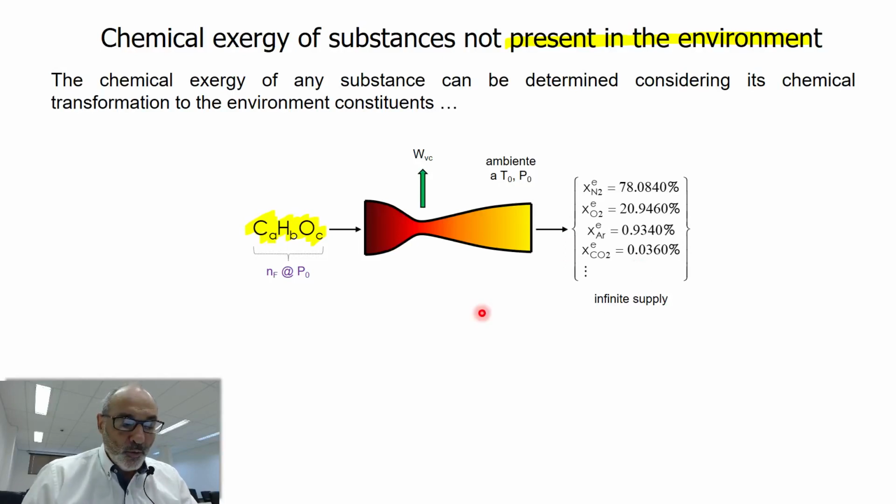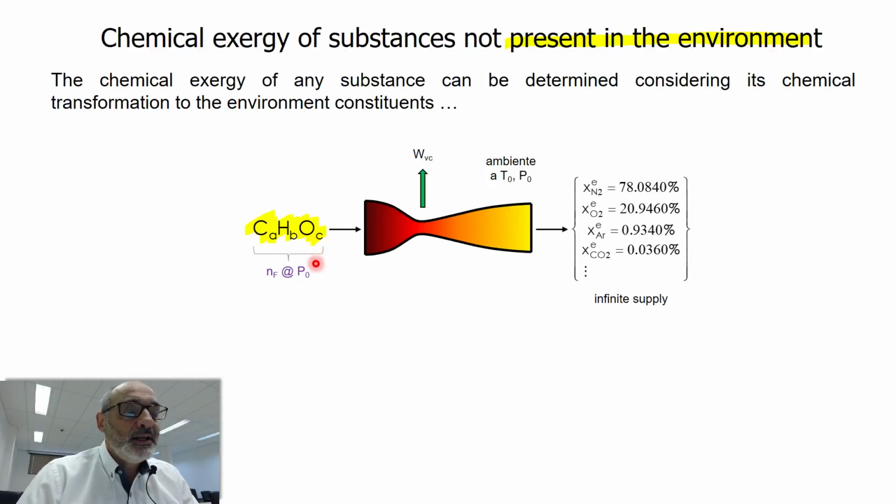Because the components are different, this fuel is not present in the atmosphere, but the atoms are. So I have carbon atoms in the atmosphere, I have hydrogen atoms, and I have oxygen atoms.